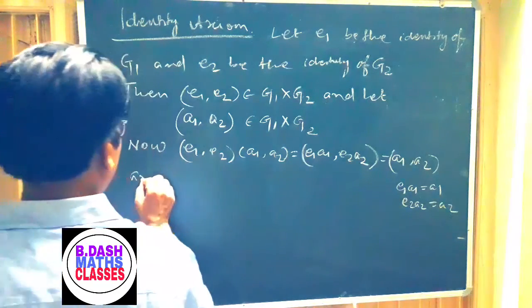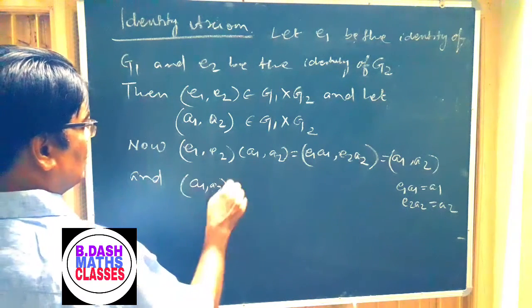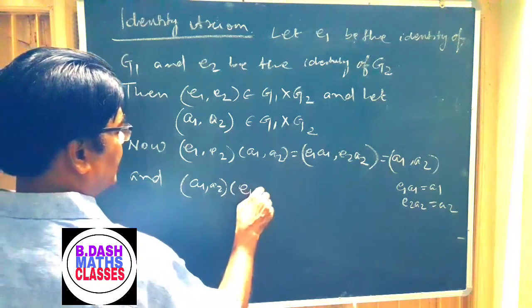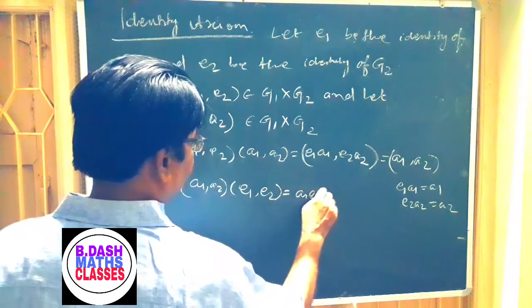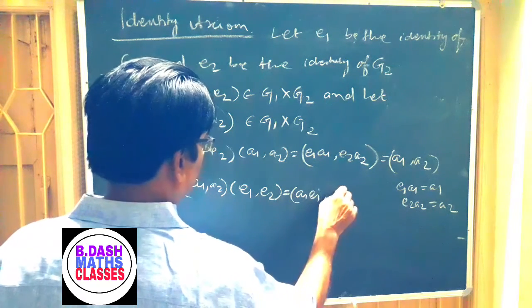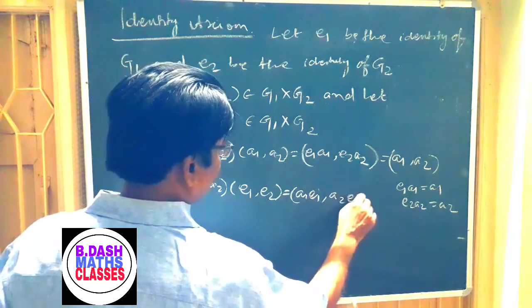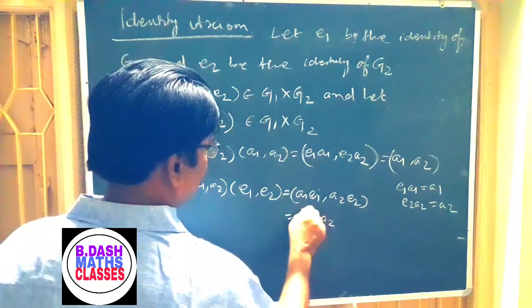And (a1, a2) multiplied with (e1, e2) is (a1 e1, a2 e2), which equals (a1, a2).